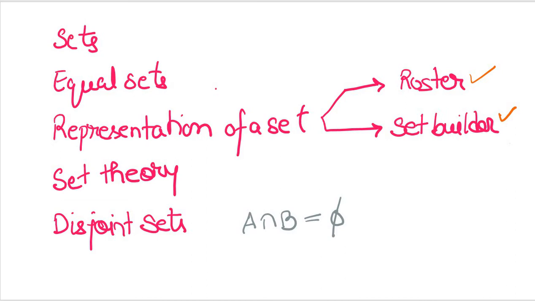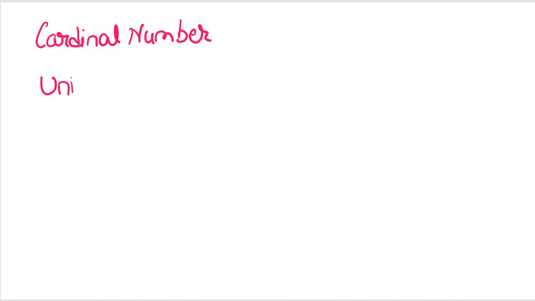Afterwards, we saw some more definitions and some terminologies where we saw the cardinal number, which is nothing but the size of a set. Afterwards, we had a talk on universal set and your empty set as well, where we said that there isn't any number.